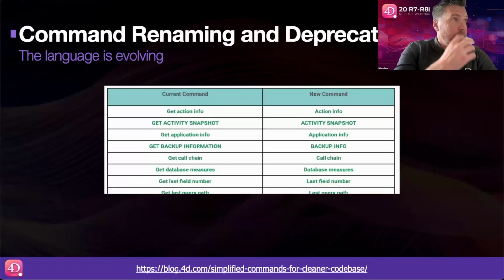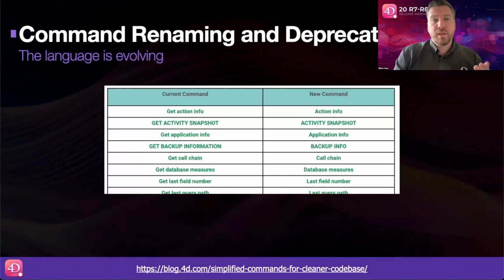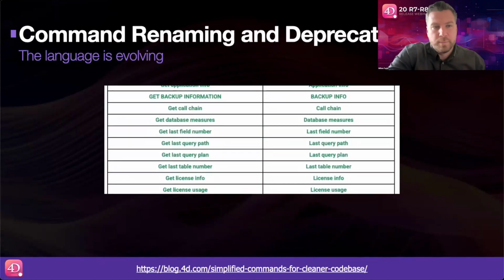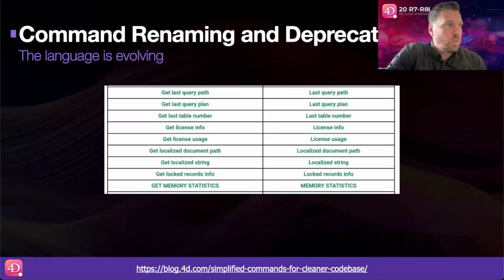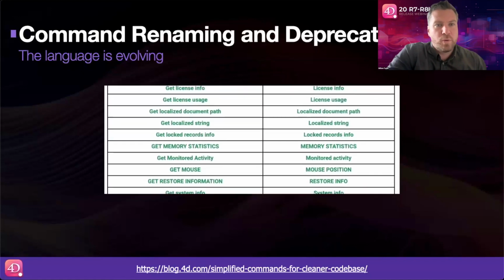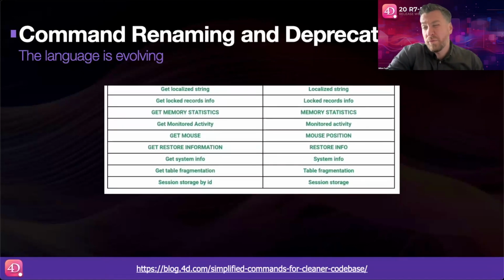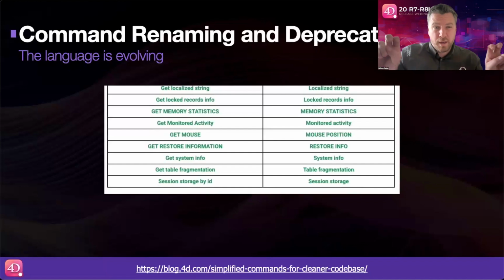Some other things that have been happening. 4D has updated 22 commands in R8 and will deprecate 4 of the commands. There's a blog post that discusses this more. For those working in binary mode, or in project mode with the include tokens in project source file option, you don't need to do anything. 4D manages all of the renaming for you through the tokenization process.